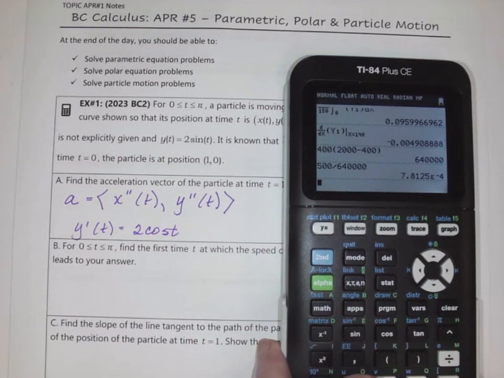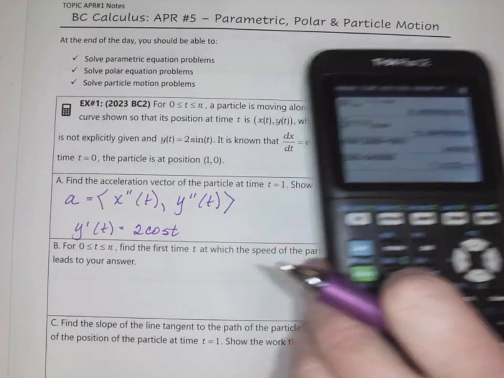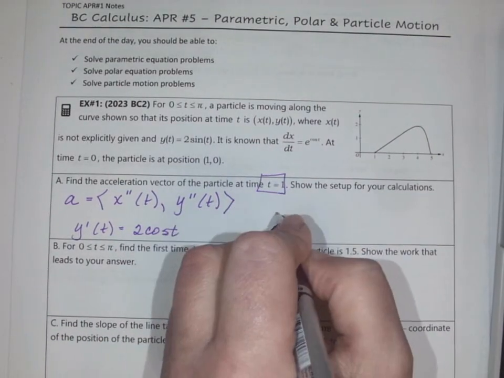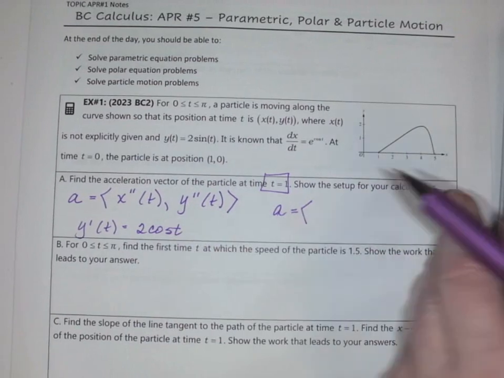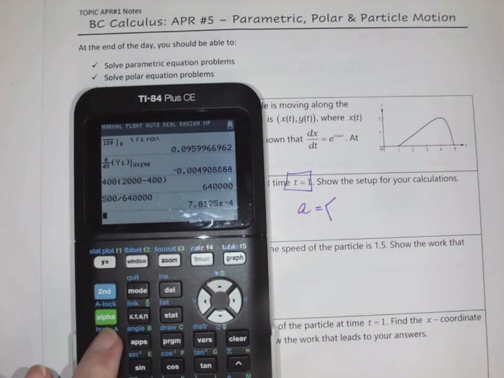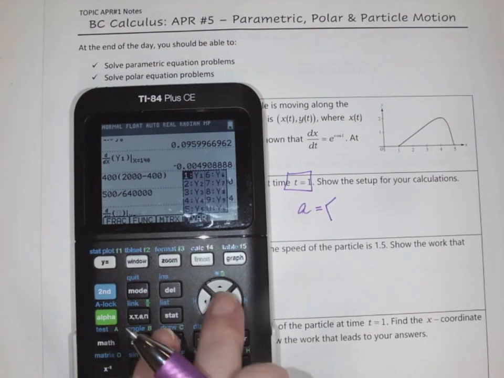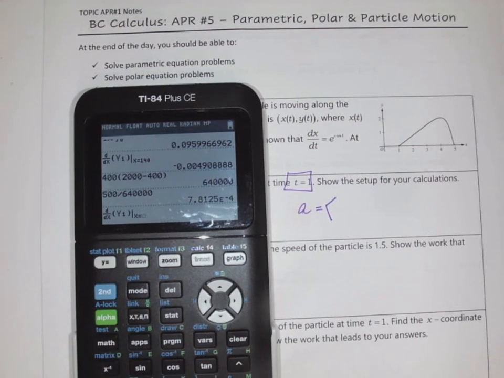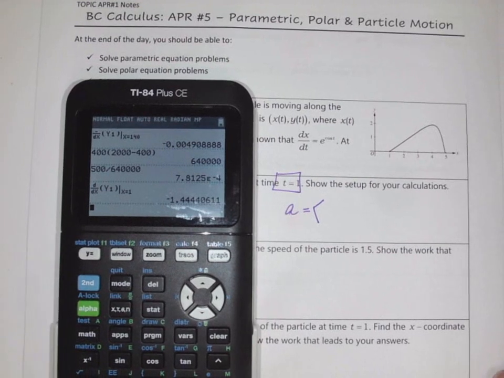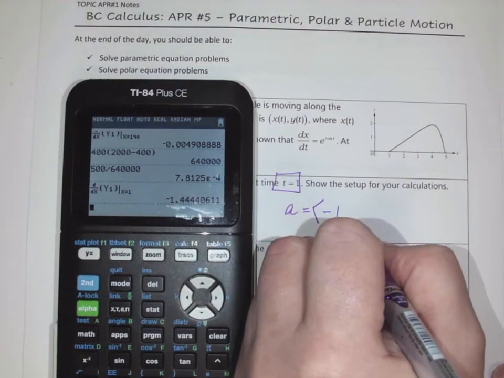And so what I want to do is the derivative of each of those at the value 1. So my acceleration vector is going to be, let's see, math 8, d/dx. We're going to go into y1, and we're going to evaluate it at 1, which would be negative 1.444.